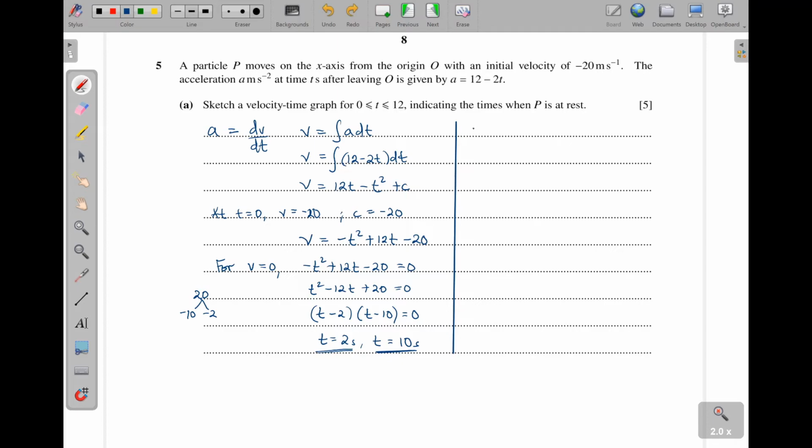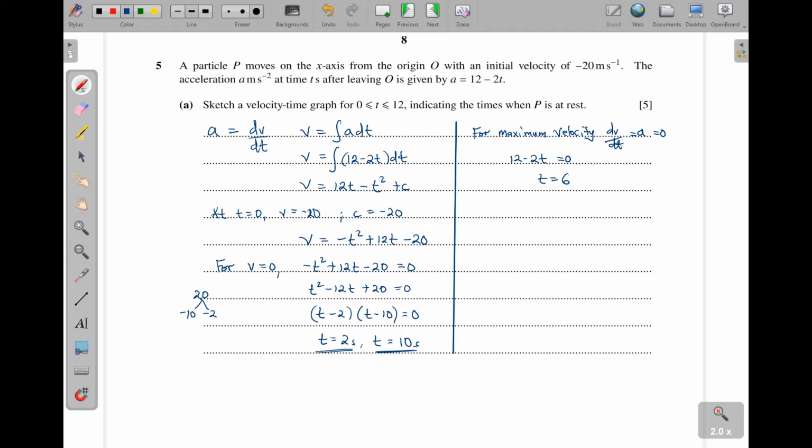For maximum velocity, dv/dt, which is our acceleration, is equal to 0. So I will get 12 minus 2t is equal to 0. Automatically t will give us 6.